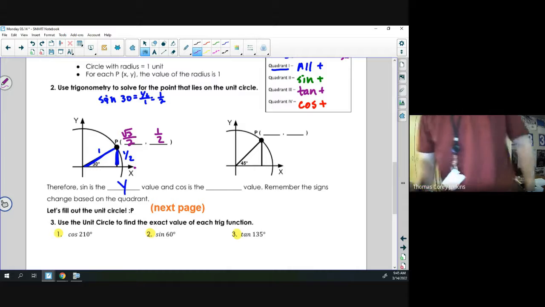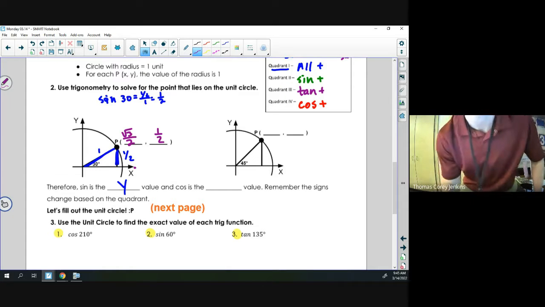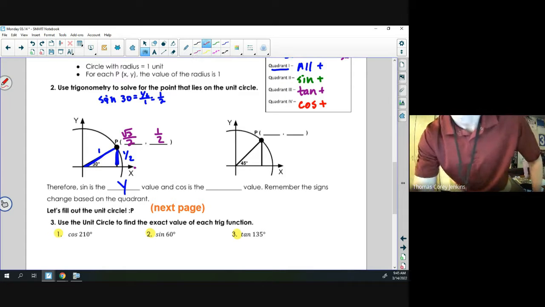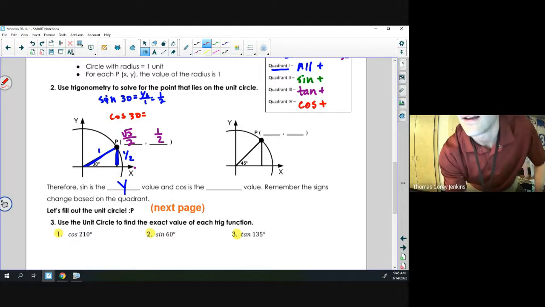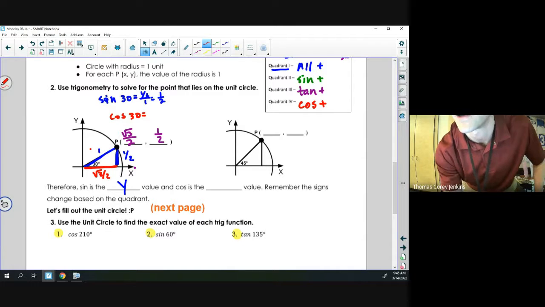So what about cosine? You could probably guess what's next. Cosine of 30 is going to be adjacent, which is our x coordinate, square root of 3 over 2, over the hypotenuse.